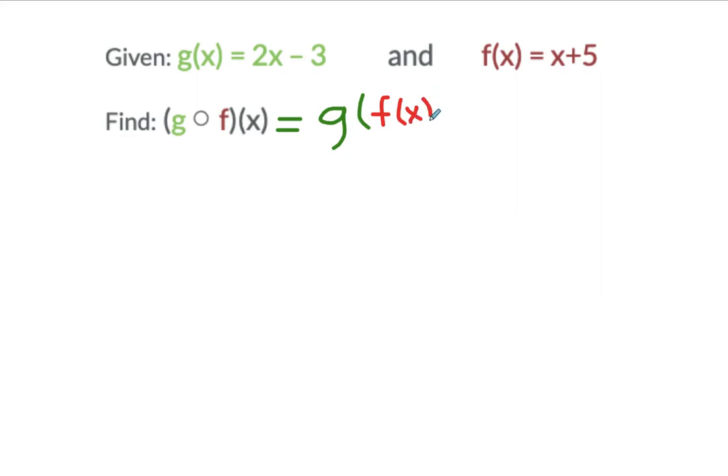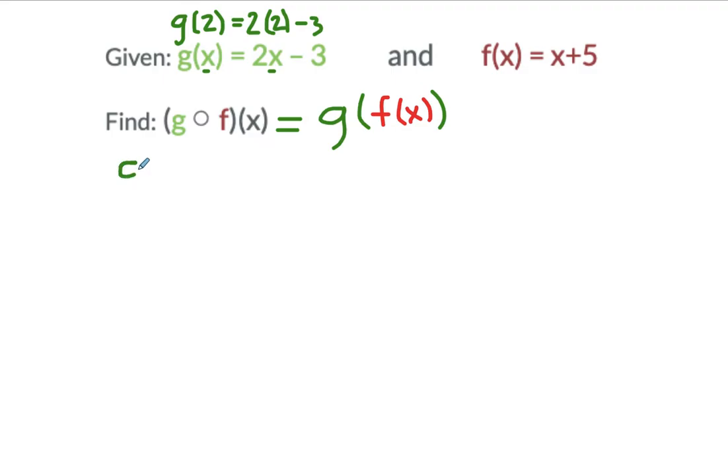And the reason that I prefer this way is because let's say that I want to take this g of x function and I want to evaluate it at 2. So what does that mean? It means everywhere that there's an x, I'm going to replace it with a 2. So this now becomes 2 times 2 minus 3.